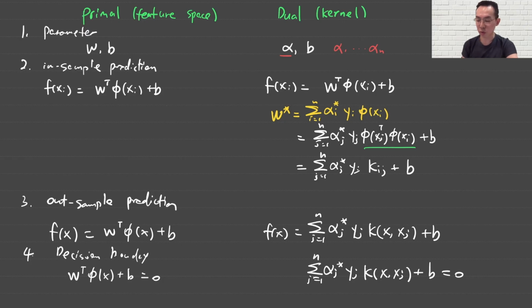Using the dual derivation here, we convert this whole problem into a quadratic programming problem from which we can solve for the parameters alpha j star. Then we can obtain the prediction as a sum of a bunch of kernel functions, as well as the decision boundary also as a sum of a bunch of kernel functions.